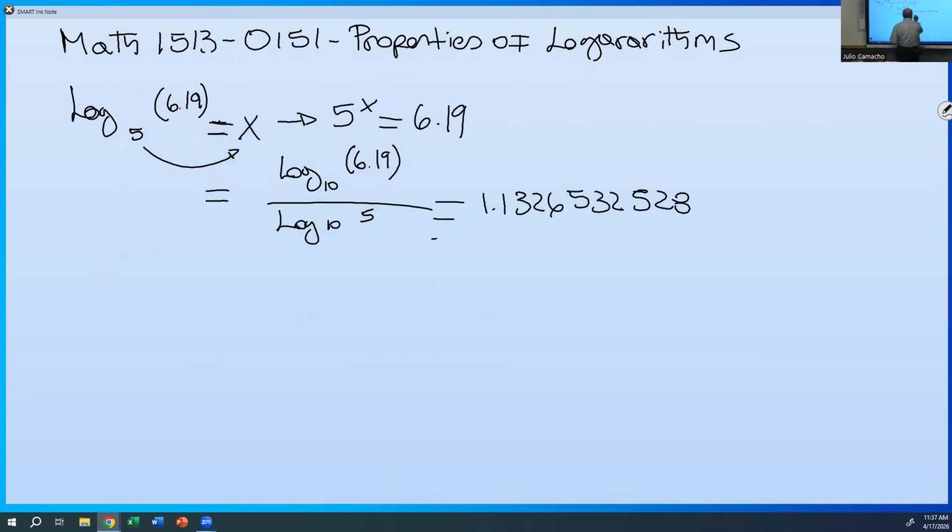So my final answer is 1, and I go to my 4th decimal place, that will be my 10,000 place. 1.3, 2, 6. That is my 4th place. And I look at the number to the right, and it's a 5.